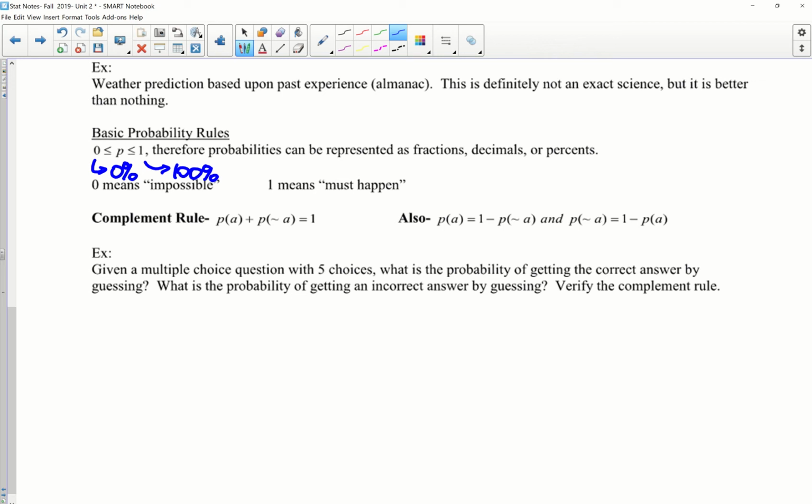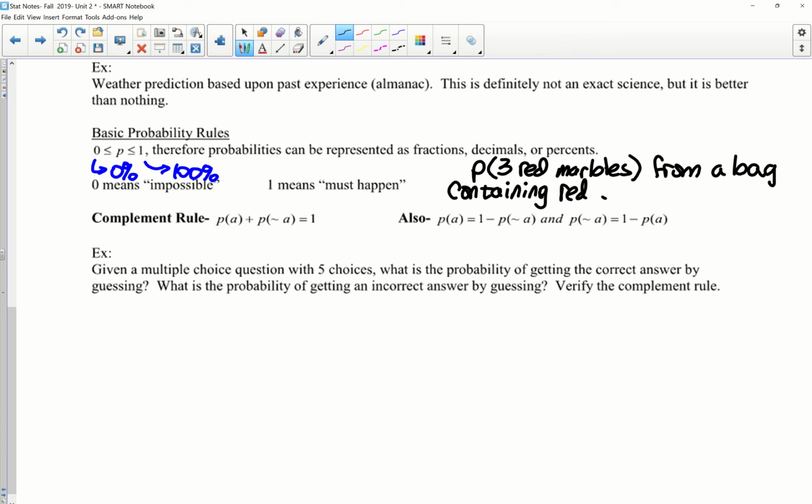So the probability of 3 red marbles from a bag containing red and green.